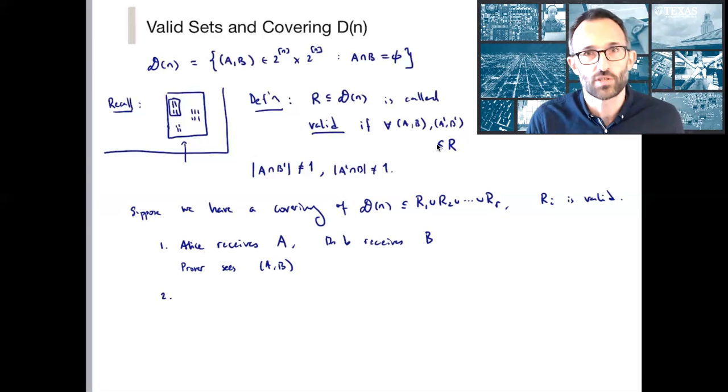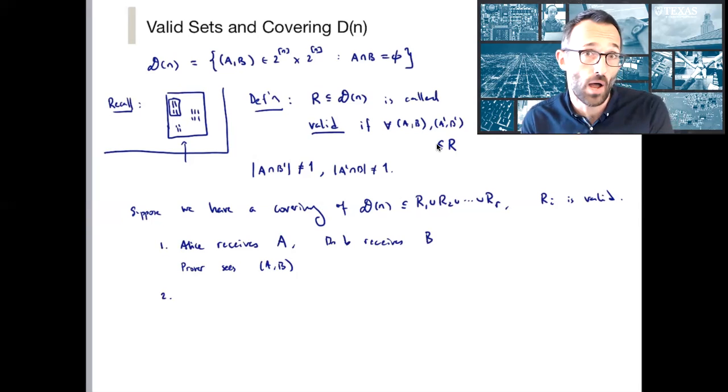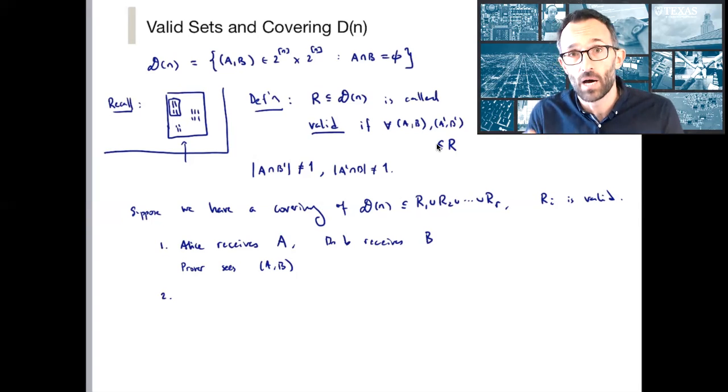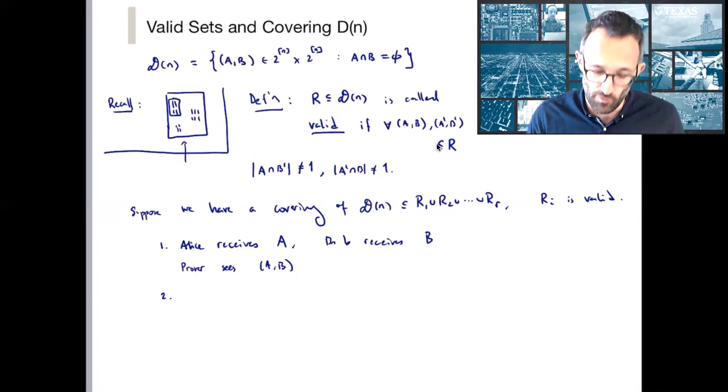And all we are interested in is if A and B have intersection 0, in which case FV of AB would equal 1, we need to get Bob and Alice to accept the proof.